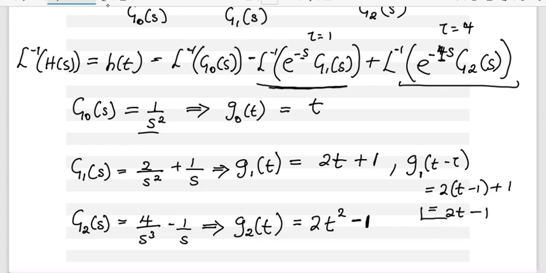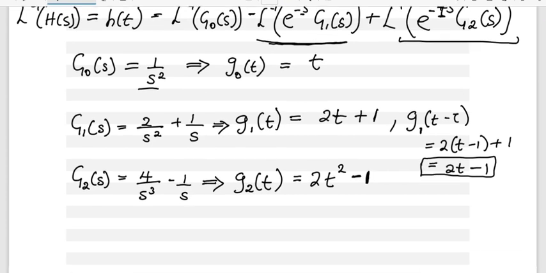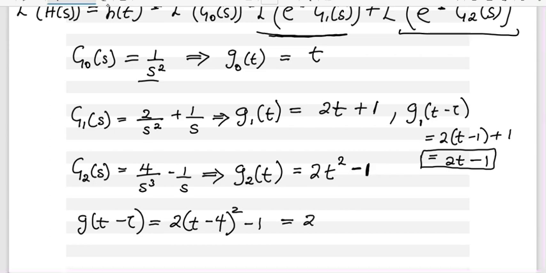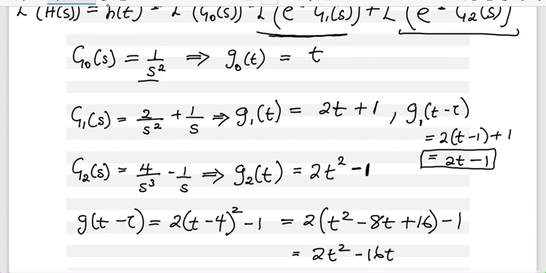And this is your g1 of t minus tau. And for this one, your g2 of t minus tau, here tau is 4, so this will simply be 2 times t minus 4 all squared minus 1, which is 2t squared minus 8t plus 16 minus 1. And if you open this up, you should multiply the 2 across. You have 2t squared minus 16t.